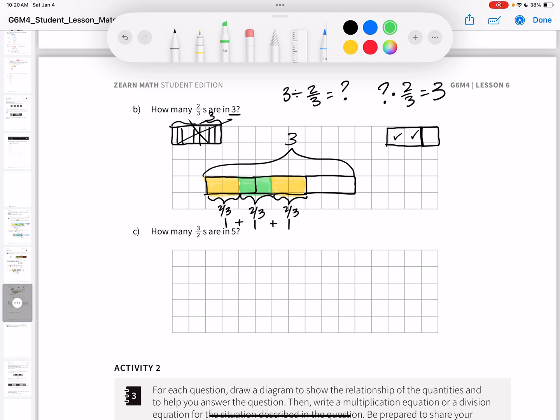Then we have another 2/3, which is another group. But then we have this left over. So when we talk about this with our leftover piece, or however many pieces, because there could be more than one leftover piece.